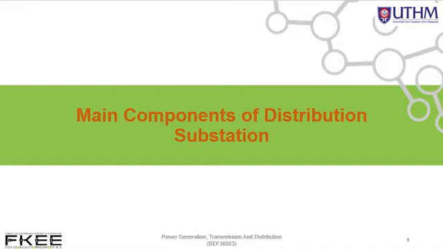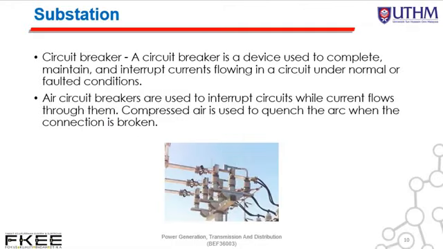These four components will be described in detail in the following slides. Let's begin with the circuit breaker. So what is circuit breaker? The circuit breaker of a distribution substation will complete, maintain and interrupt current flowing in the circuit either under normal or faulted condition.